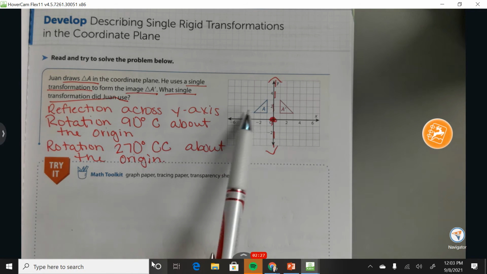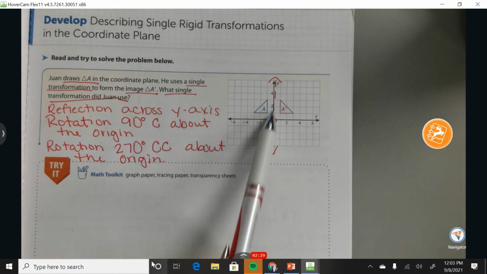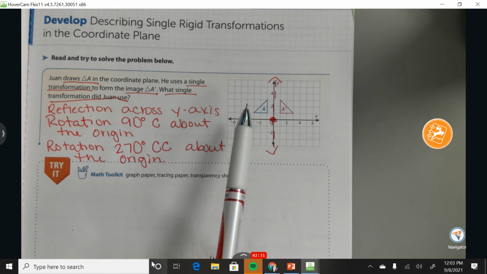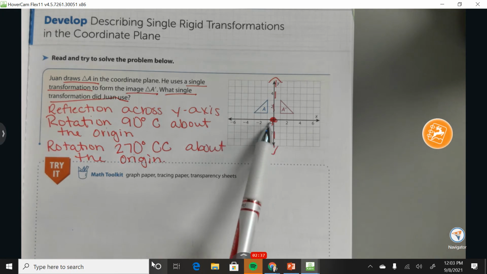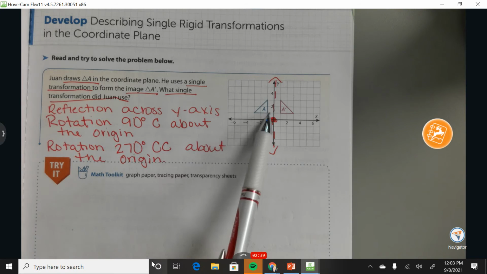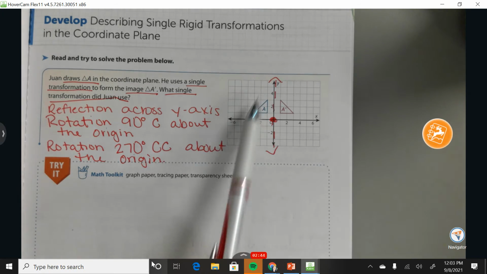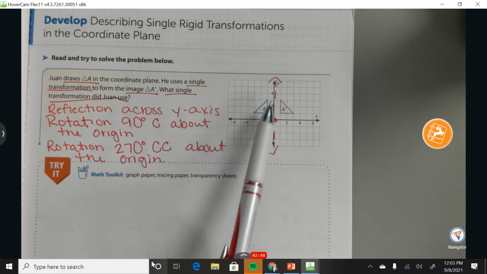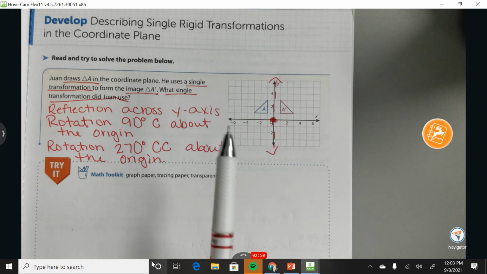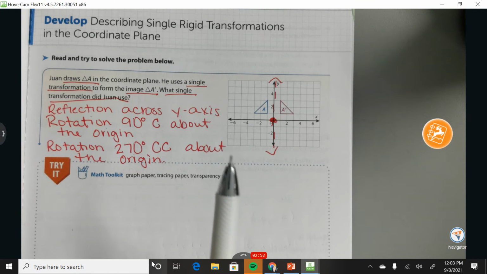So here, what's not here? Okay, not the coordinates, but the what? No, the origin's right there. What are these points called? Vertices. The vertices are there. They're just not labeled, right?